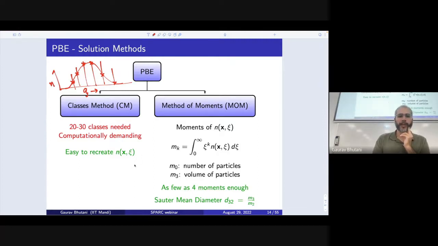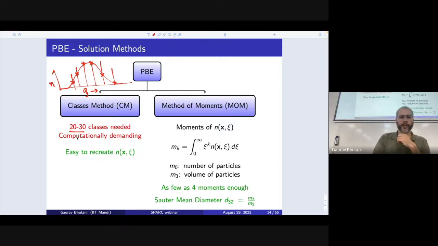The classes method uses some 20 to 30 classes of particle sizes, and then the population balance equation becomes 20 or 30 equations, because now you are tracking the number of particles of each class.